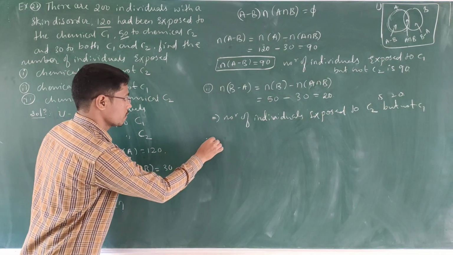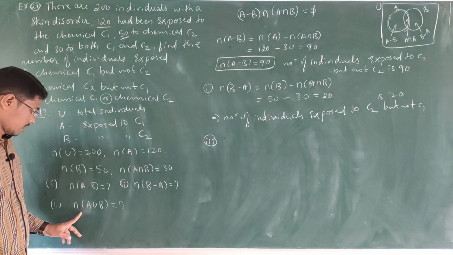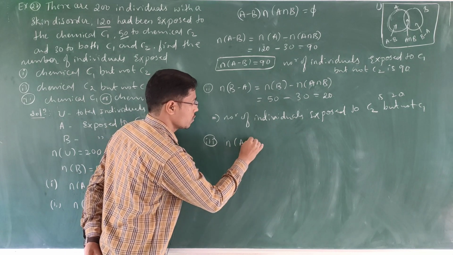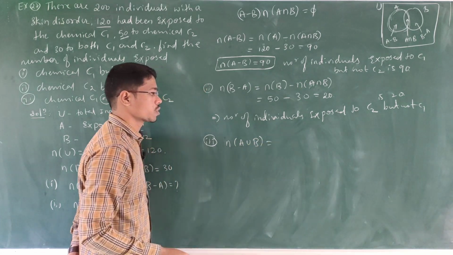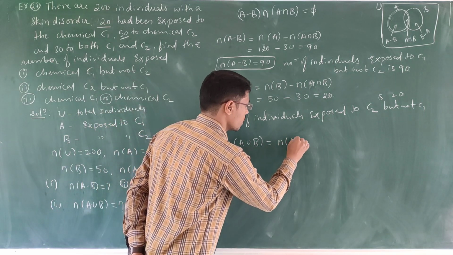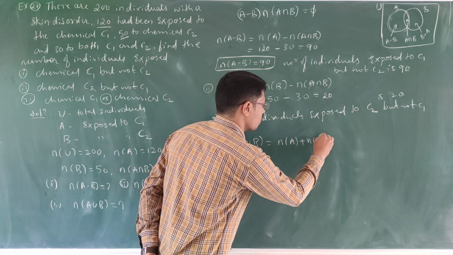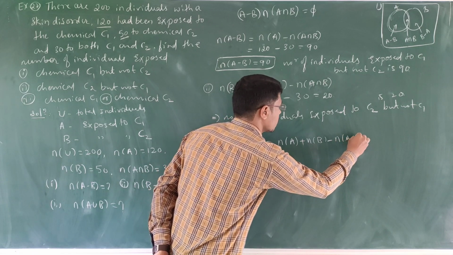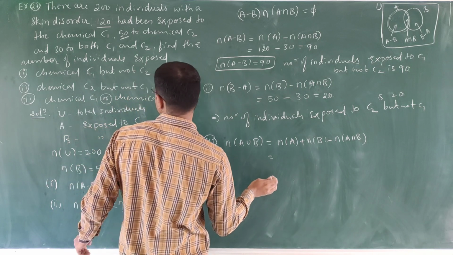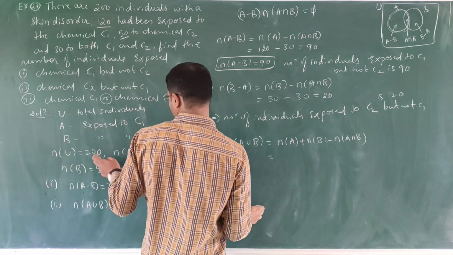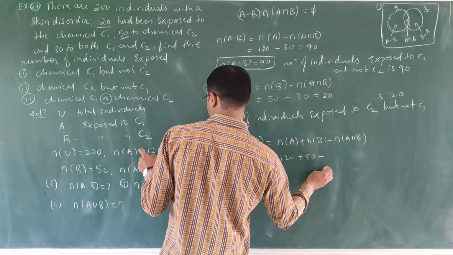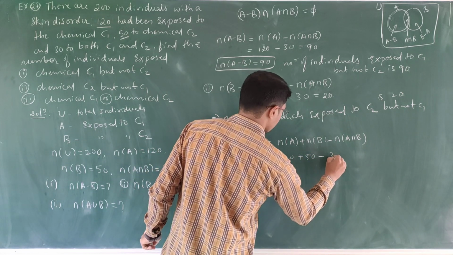Third one, very simple. N of A union B, exposed to A or B, C1 or C2, the formula is N of A plus N of B minus N of A intersection B. N of A is 120, N of B is 50, minus N of A intersection B, which is 30.